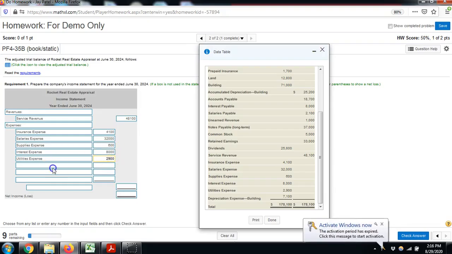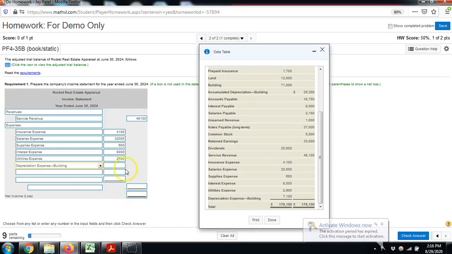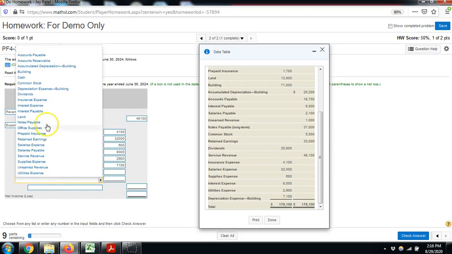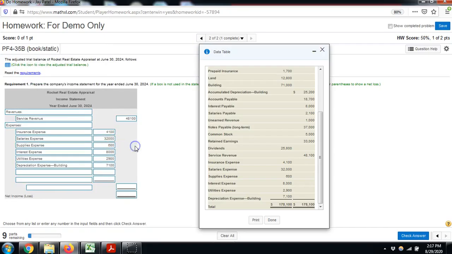And I forgot one, depreciation. So we then get our total. This doesn't go there. And so when we add this up, we get 4,700.